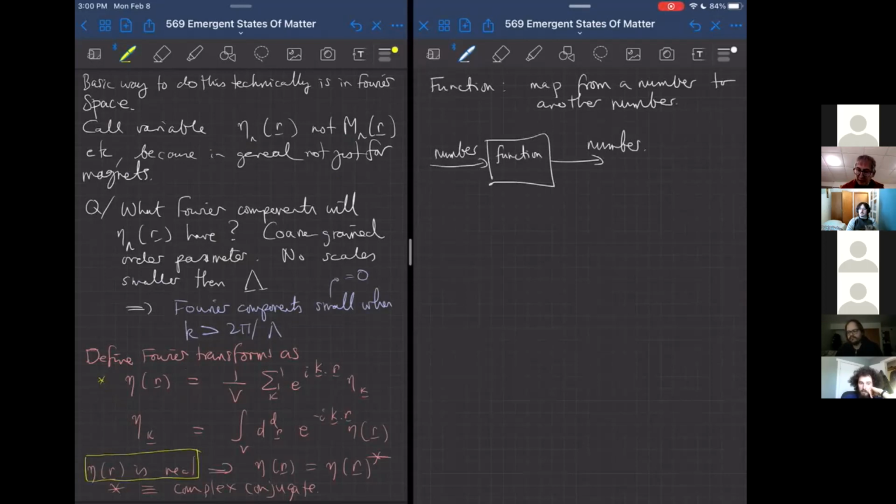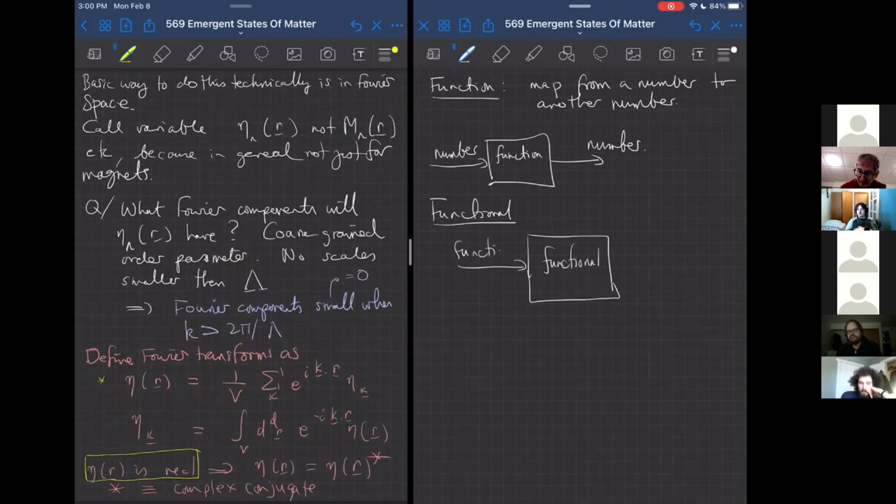So what is a functional? A functional is another machine where I put in a function and out comes a number.